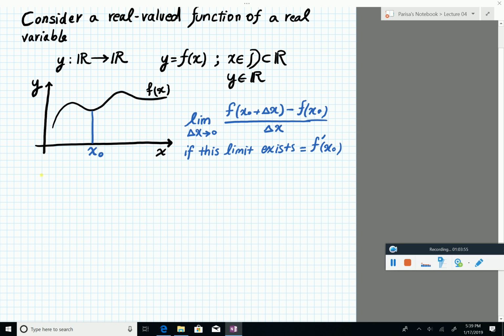Now, I look at the numerator. Do you all agree that I can write that as delta y, right? So I can write this change in the dependent variable y, and I write it because this is important later.